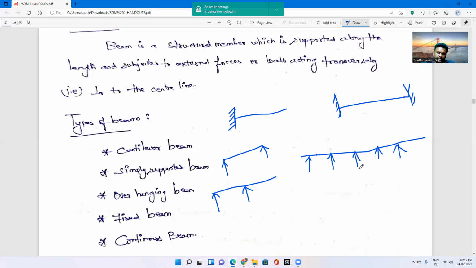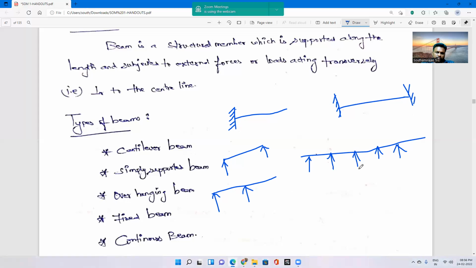So the first thing is that, based on the support condition, we will segregate the beam into cantilever beam, simply supported beam, overhanging beam, fixed beam, and continuous beam. A cantilever beam is one where one end is fixed and the other end is free.